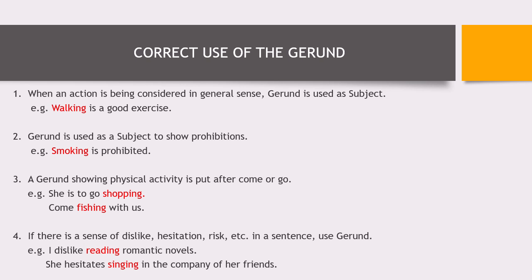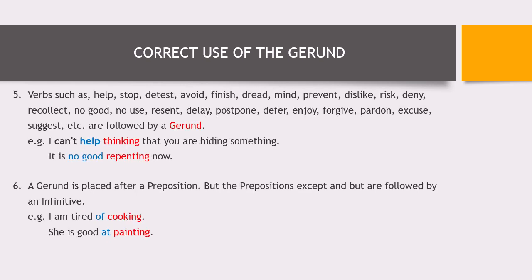4. If there is a sense of dislike, hesitation, risk, etc. in a sentence, use gerund. For example, I dislike reading romantic novels. She hesitates singing in the company of her friends. Correct use of the gerund. 5.